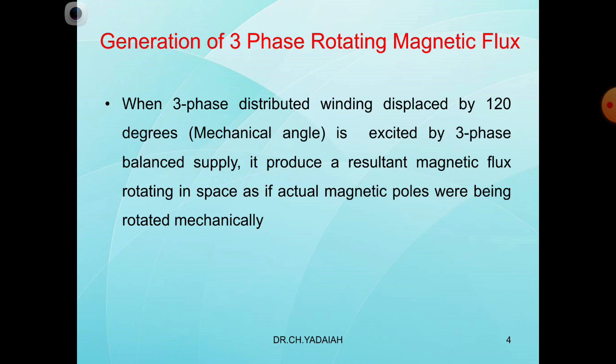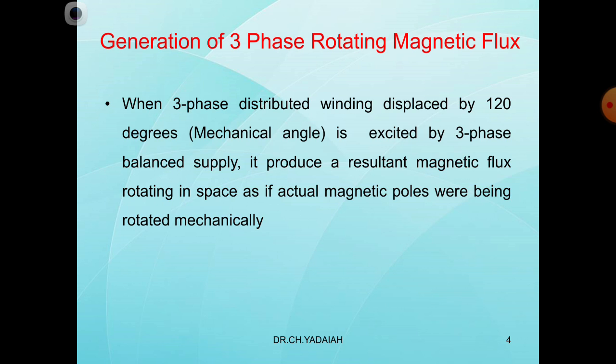Now today our aim is to see how the rotating magnetic field is generated in the air gap. When three-phase supply at 50 Hz is given, what phenomenon takes place inside, how is this rotating magnetic field of 1.5 times phi m produced, and how does it rotate through angles up to 360 degrees?